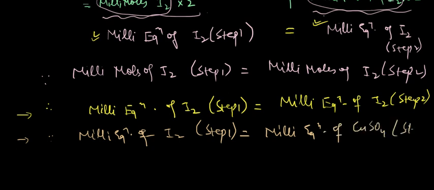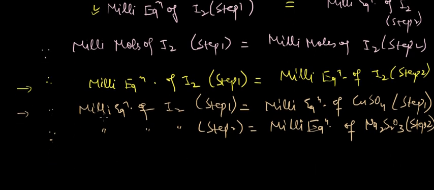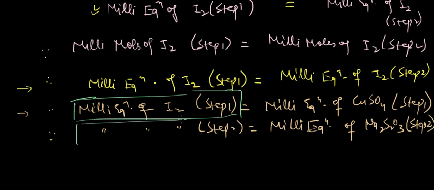So milliequivalent of I2 in step 1 is equal to milliequivalent of CuSO4, and milliequivalent of I2 in step 2 is equal to milliequivalent of Na2S2O3. Hence, as the milliequivalents of I2 in steps 1 and 2 are equal, we can equate the RHS of both equations.